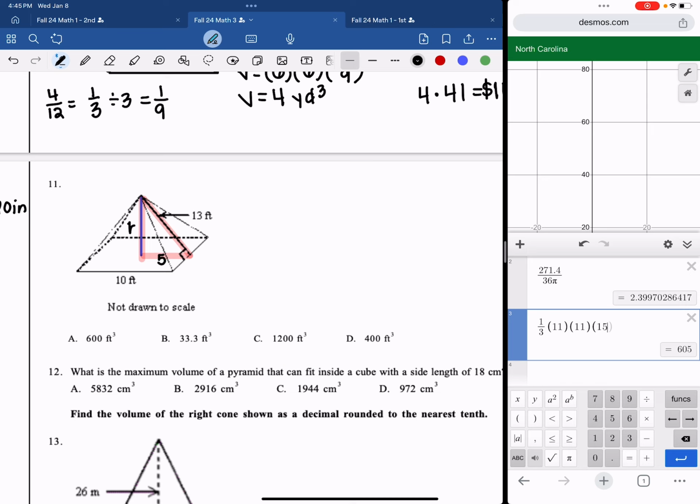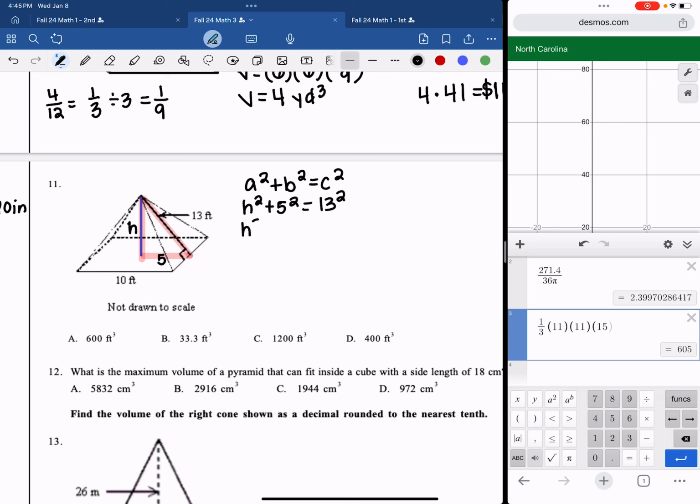So we want to find the height. So I'm going to do Pythagorean theorem here. So a squared plus b squared equals c squared. So my height, we'll just call that the h. That's a squared. My b squared is 5. And my c squared is my hypotenuse, which is 13.